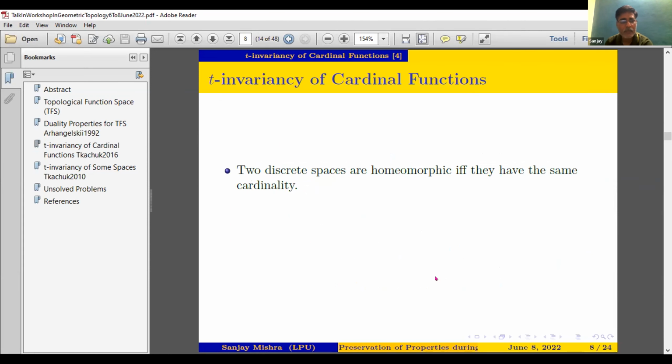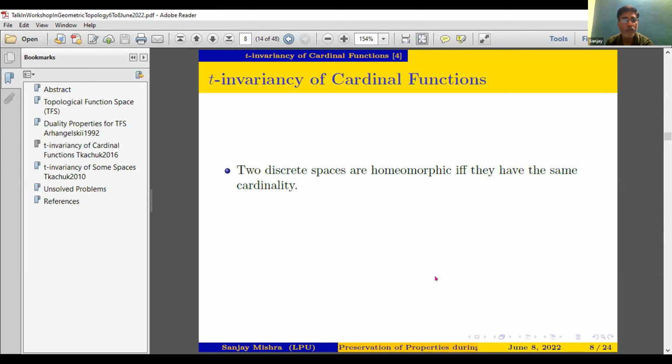Now we have a very simple question: two discrete spaces are homeomorphic if and only if they have the same cardinality. That means if you have two topological spaces, how can you compare them through cardinality? That is only possible if they are discrete spaces.